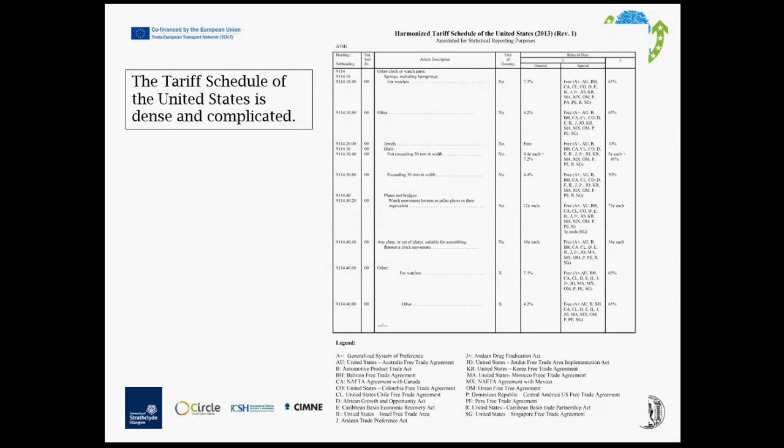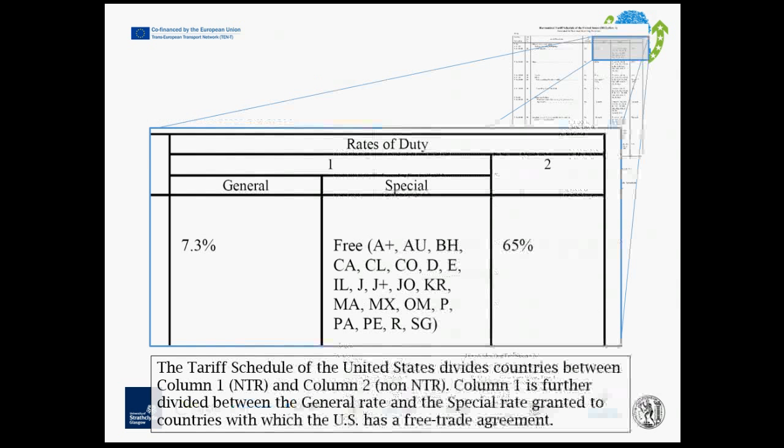For example, the generic rate is in this case 7.3%. However, there are special rates for some specific zones, like the Australia US trade, based on the Australia US trade agreement, Colombia, or wherever else.